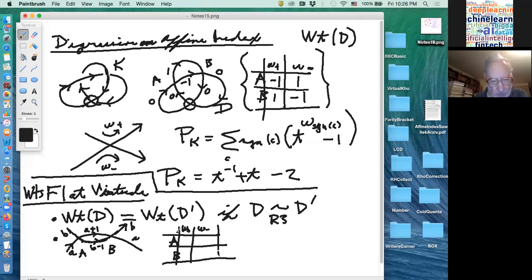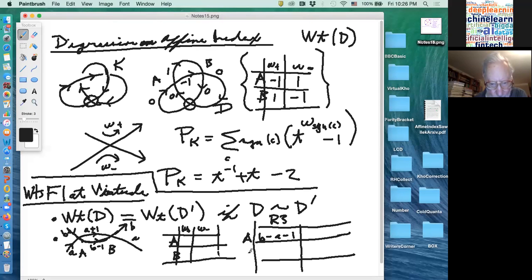Let me just do it in our heads. B minus A minus 1 here, right? I'll make it large enough and rewrite it. So B minus A minus 1. And the negative one is A minus B plus 1.